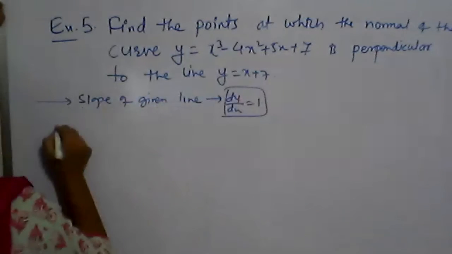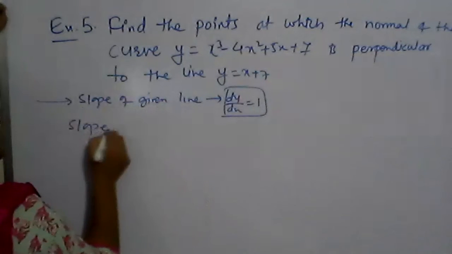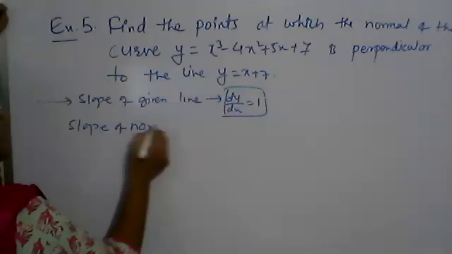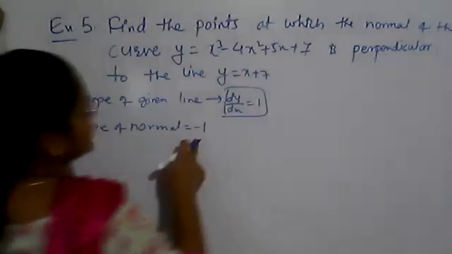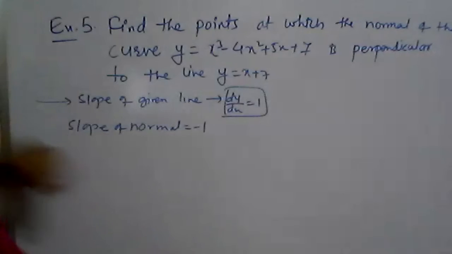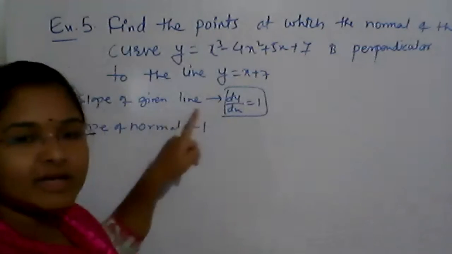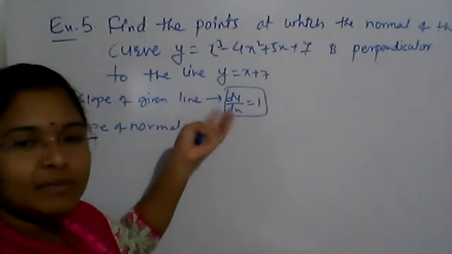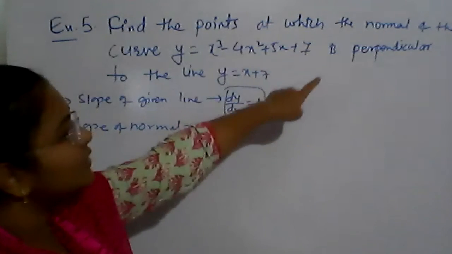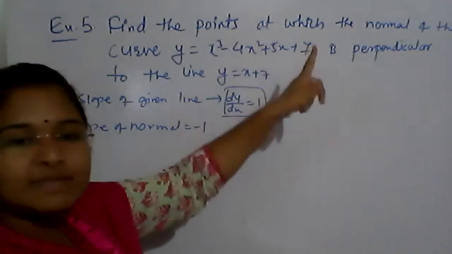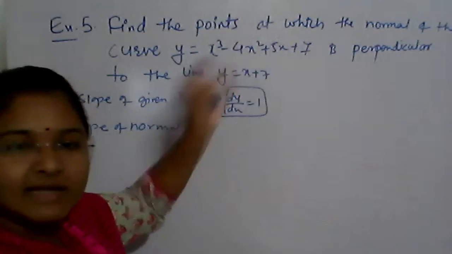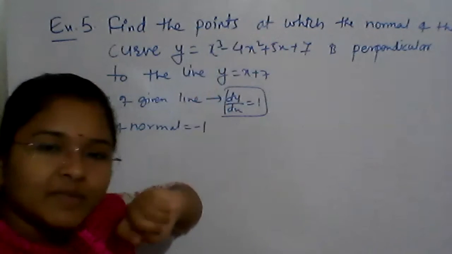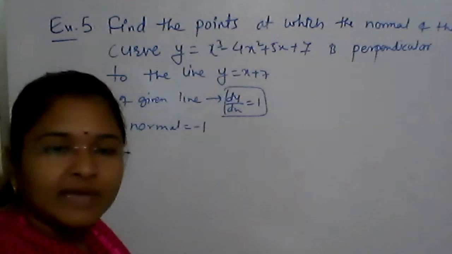Therefore, slope of normal will be perpendicular, it is minus 1. Normal is perpendicular to the line and normal is perpendicular to the tangent also. So can we say the given line and tangent will be perpendicular? Yes or no?